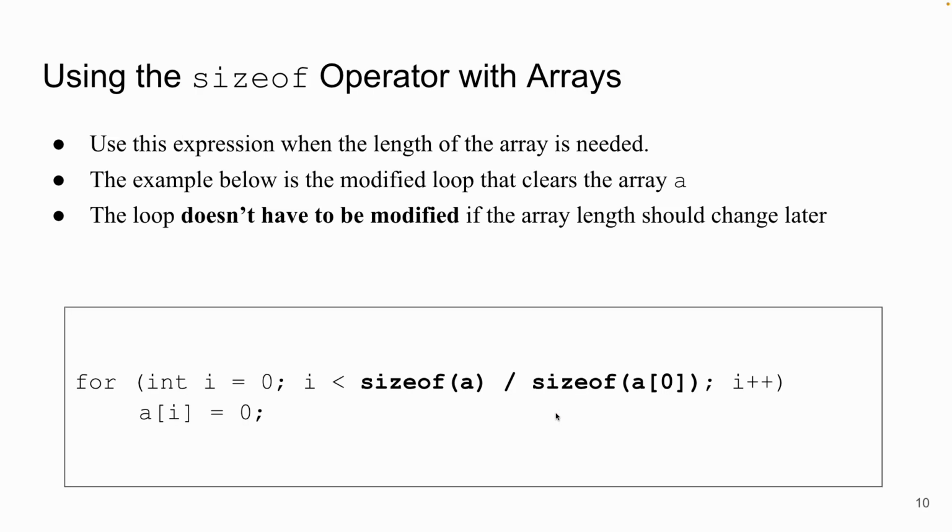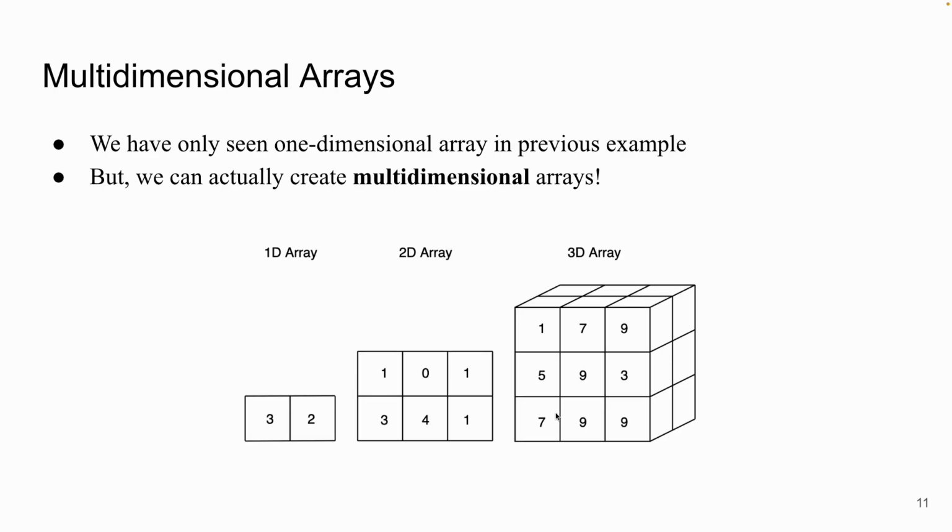So that is all about the sizeof operator and how to apply it with the array. Then the next topic I want to introduce is the multi-dimensional array. Like I said at the beginning of this course, we have only seen the 1D, one-dimensional array in the previous examples, but actually we can create multi-dimensional arrays. We can have a 2D array, like this.